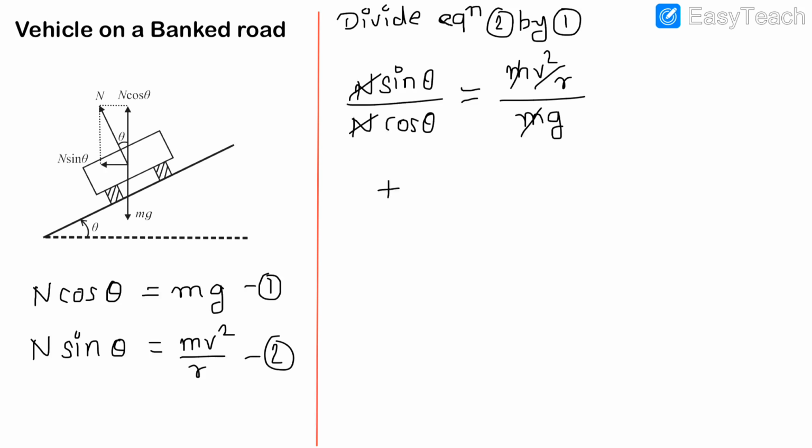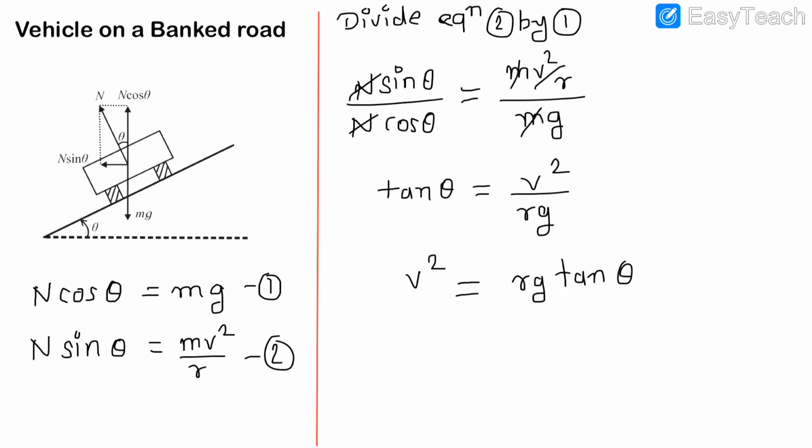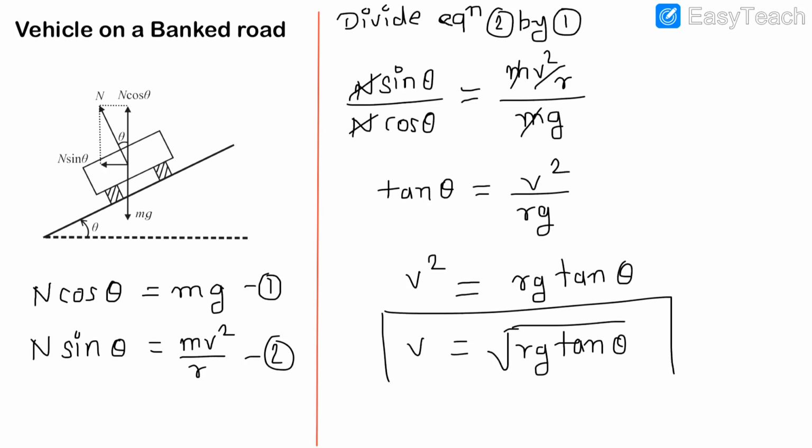Sin theta upon cos theta means tan theta is equal to v square divided by r g. For v square, we get v square is equal to r g tan theta, and v is equal to under root r g tan theta. This is the safest speed on a banked road.